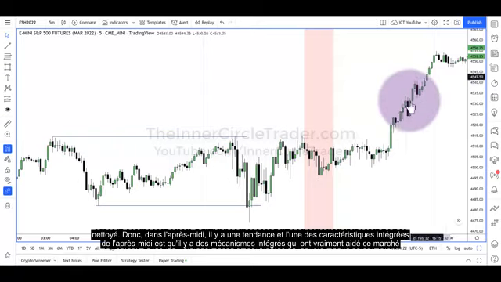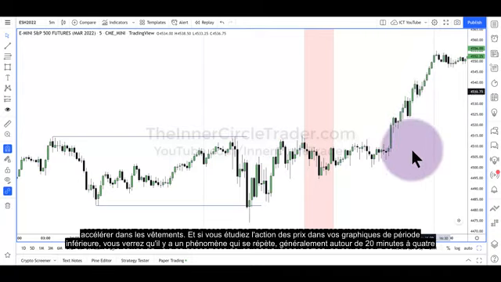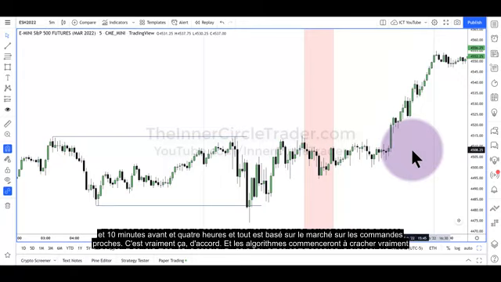So in the afternoon, there's a trend, and one of the built-in characteristics of the afternoon is there are mechanisms that help this market really accelerate into the close. If you study the price action in your lower time frame charts, you'll see a repeating phenomenon typically around 20 minutes to 4, 10 minutes to 4, and 4 o'clock.